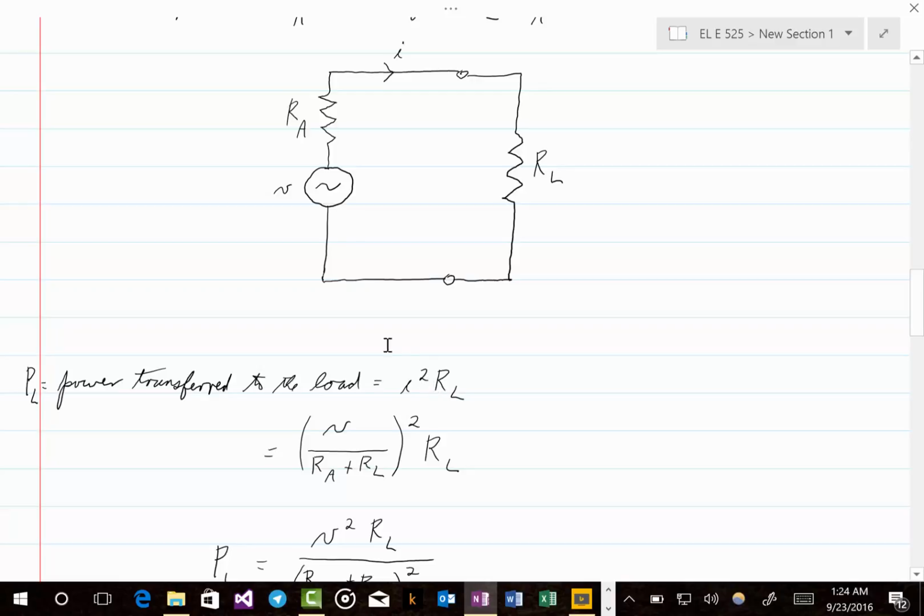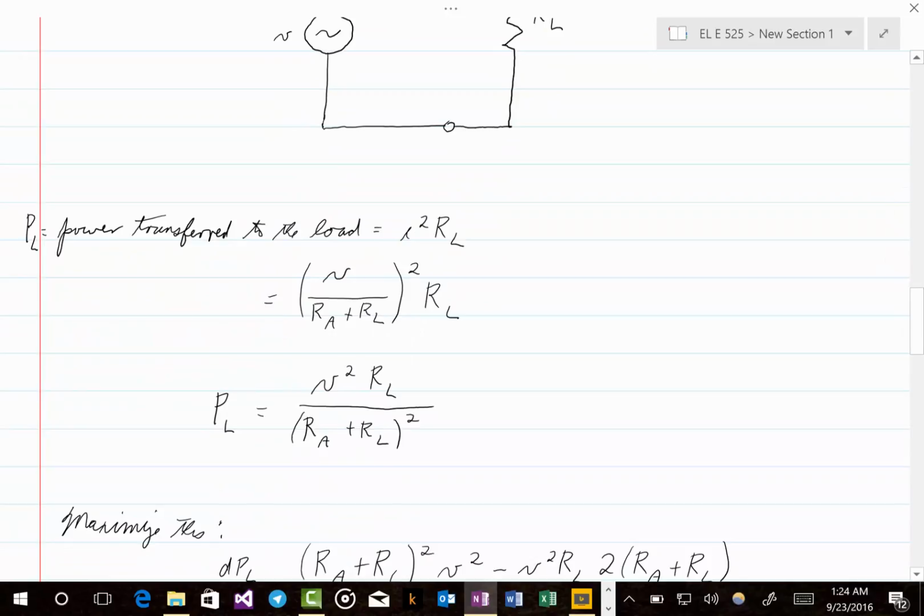Now, the current I will be V, the voltage here, divided by the total resistance, R sub A plus R sub L. So we have I squared R sub L is equal to V over the quantity R sub A plus R sub L, squared, times R sub L. And then when we square what's in the parentheses, we get P sub L, the power transferred to the load, is V squared times R sub L over the quantity R sub A plus R sub L squared.